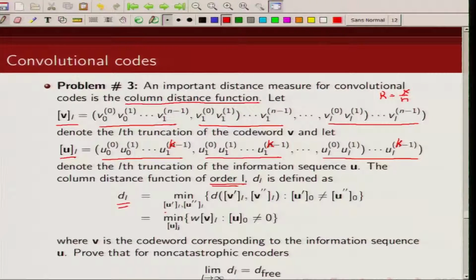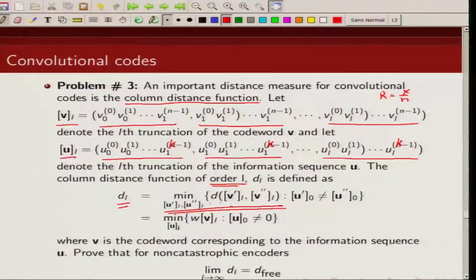It is the minimum distance between two truncated code words of length L, such that, so you can see it is the minimum distance between two code words V1 hat and V1 double hat, both of length L, such that U dash and U double dash are not the same.